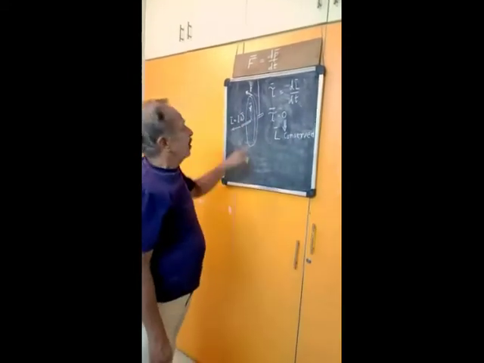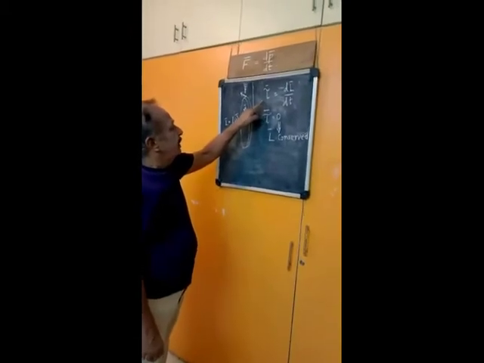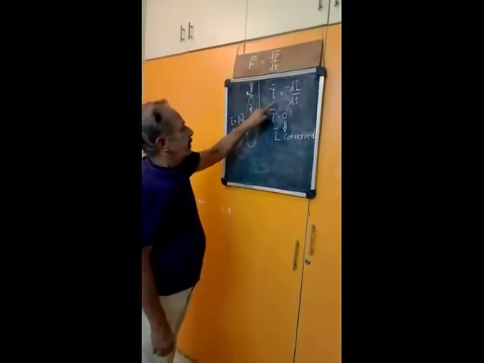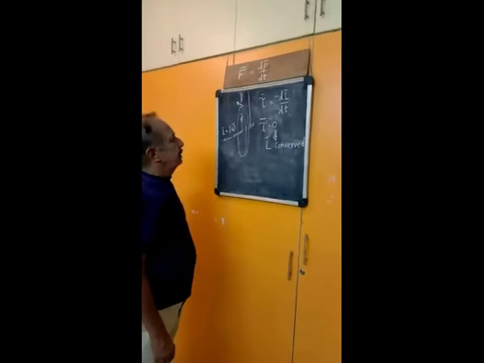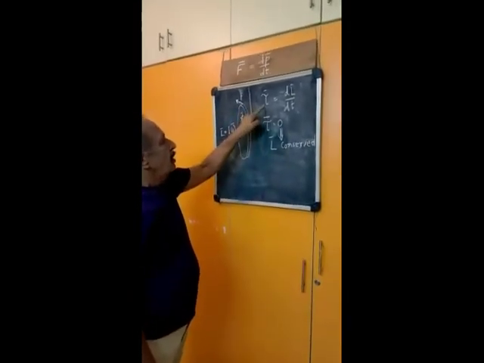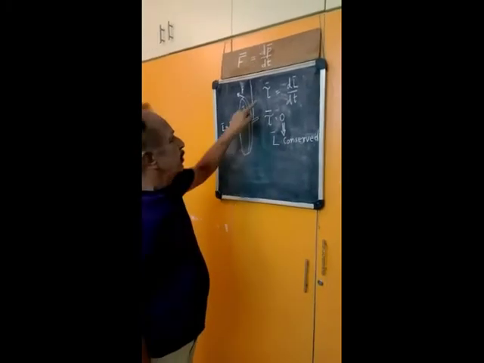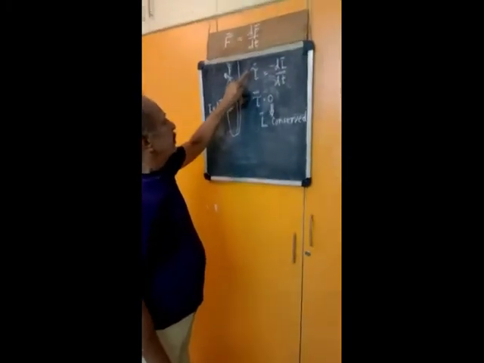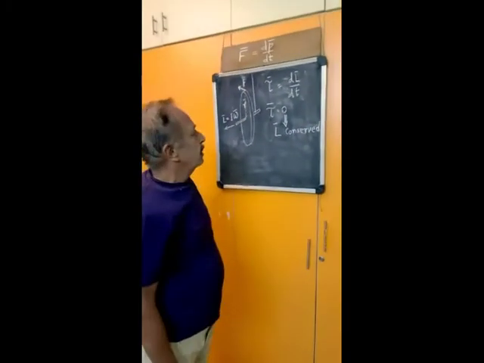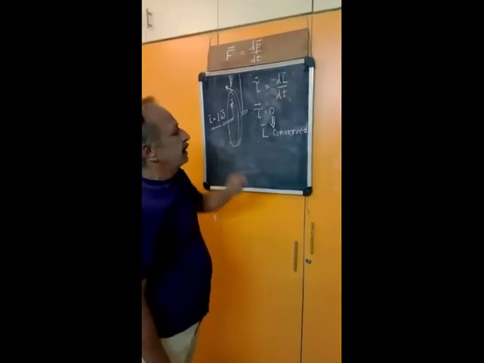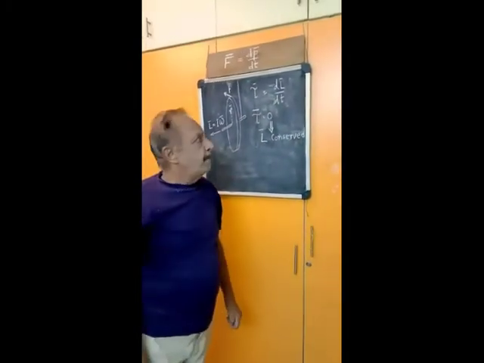The analogous form of Newton's second law in rotational mechanics is tau equals dL by dt. Tau refers to the torque acting on the system and L refers to the angular momentum.